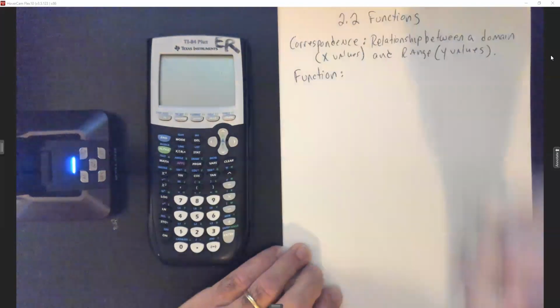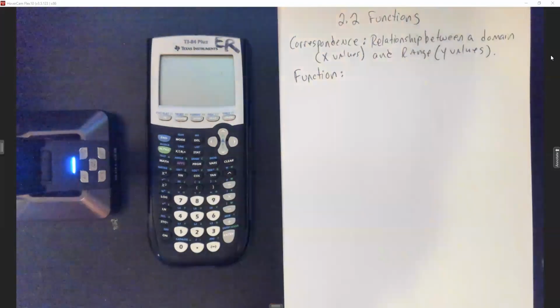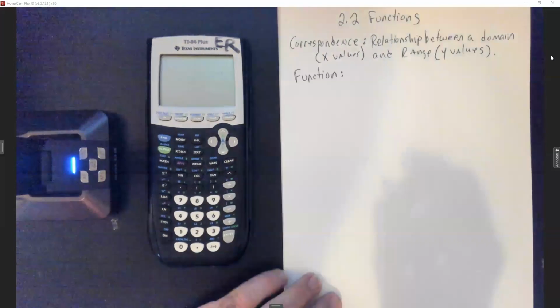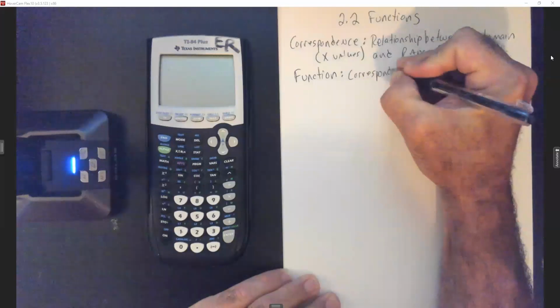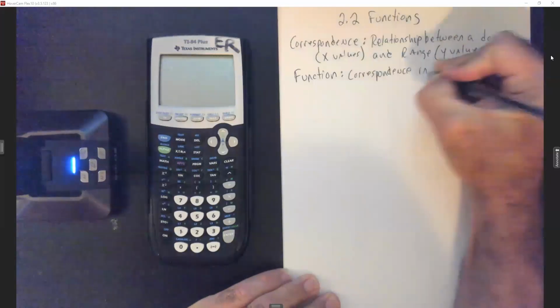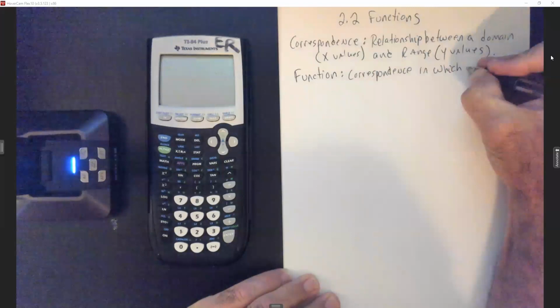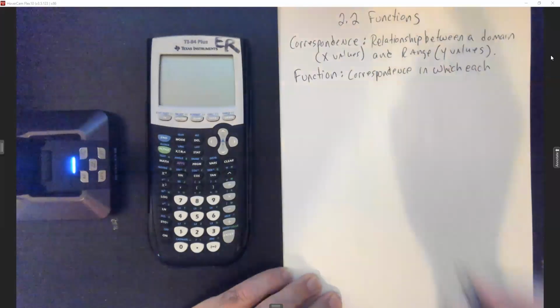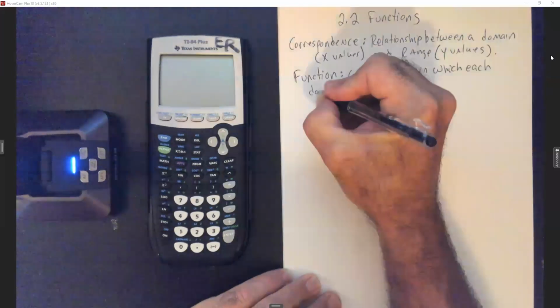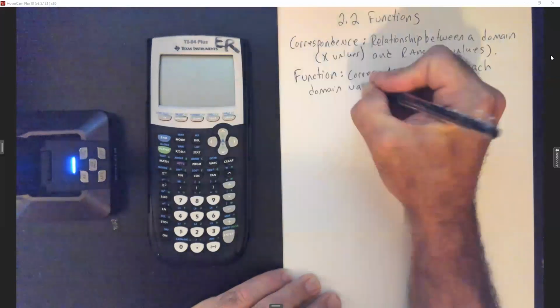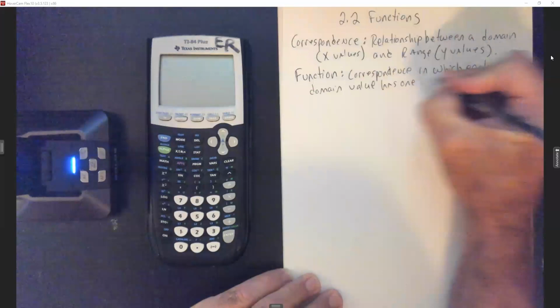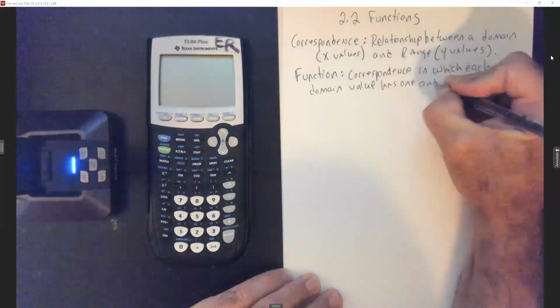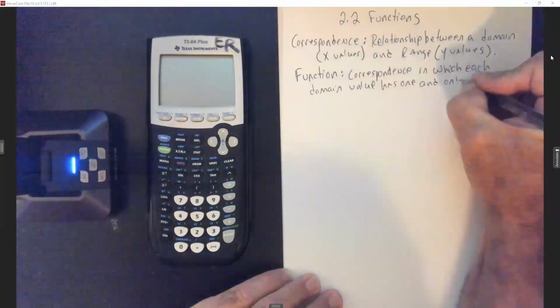Okay, so a function is a correspondence in which each domain value has one and only one range value.